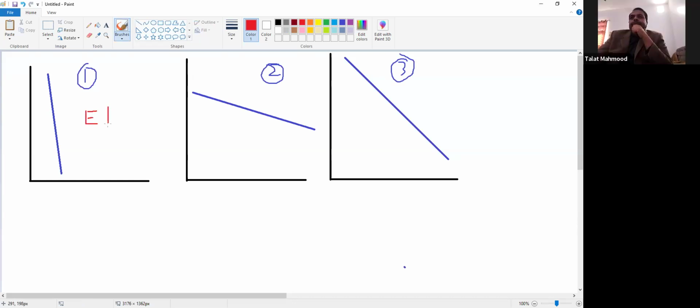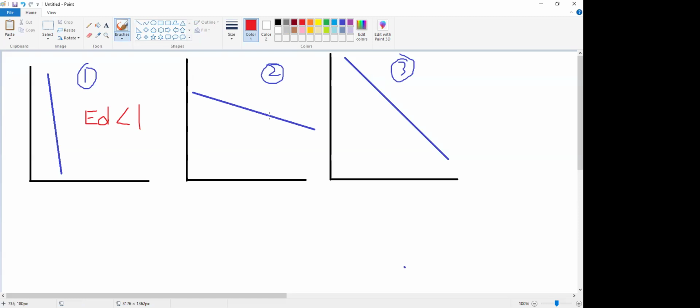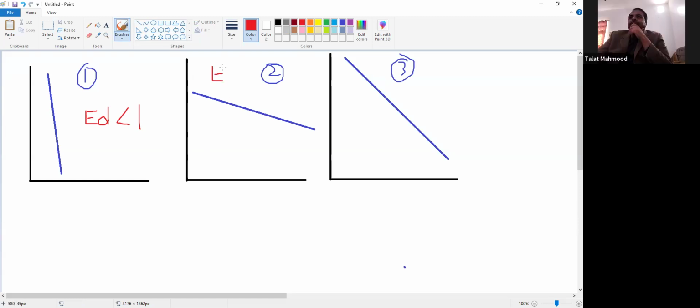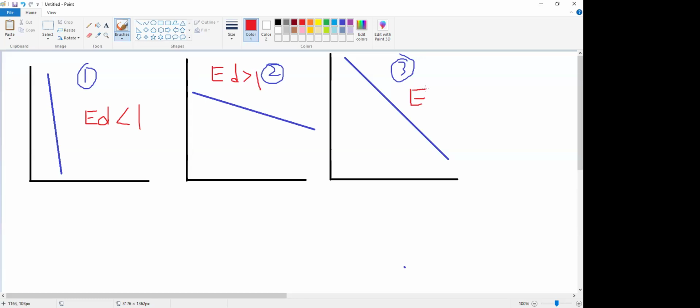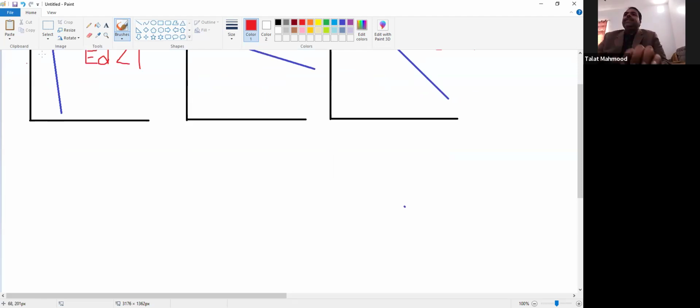Exactly. Elasticity of demand is less than 1. In this case, the second one is greater than 1. Elasticity of demand is greater than 1. And this one is equal to 1.